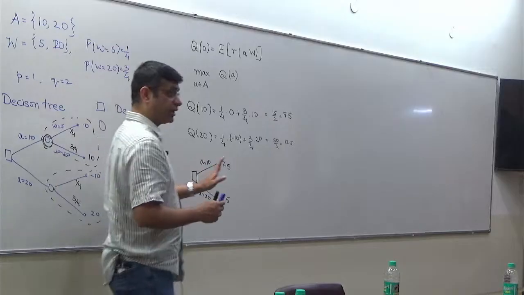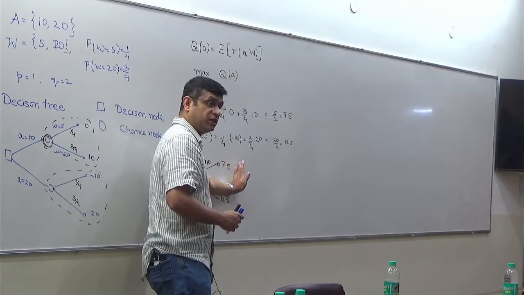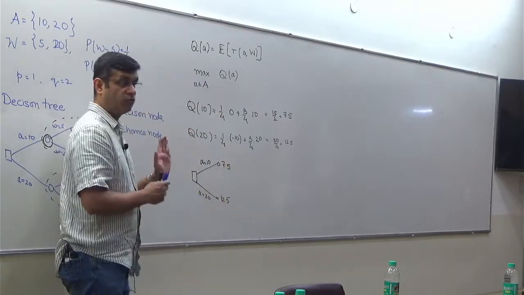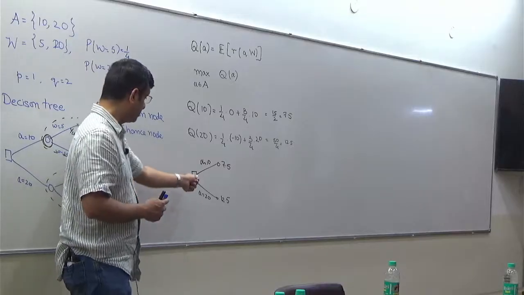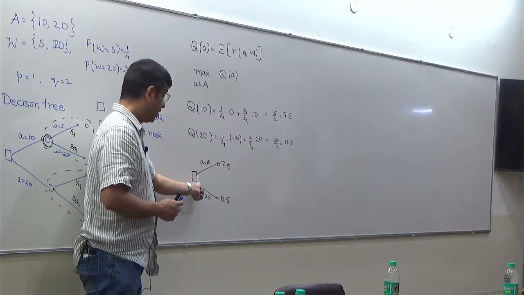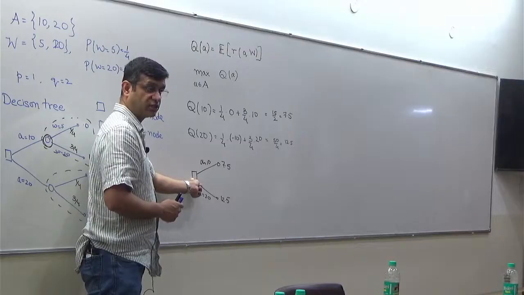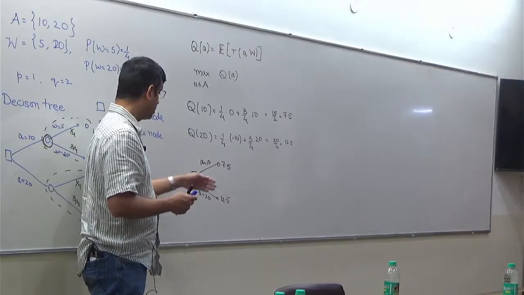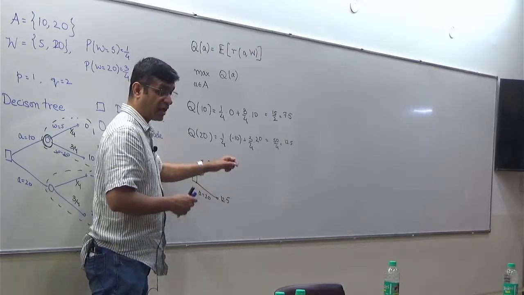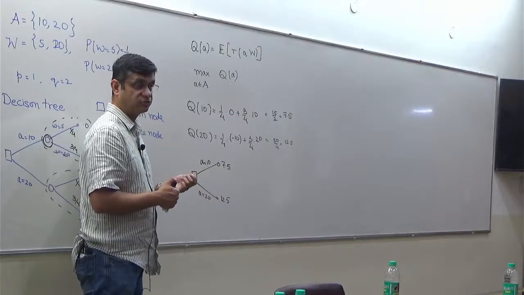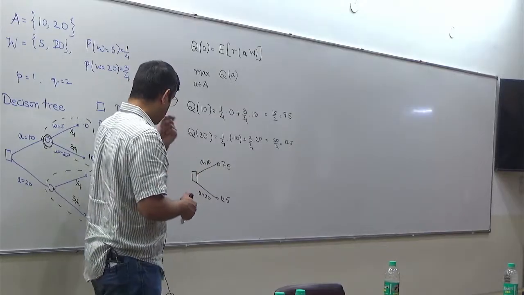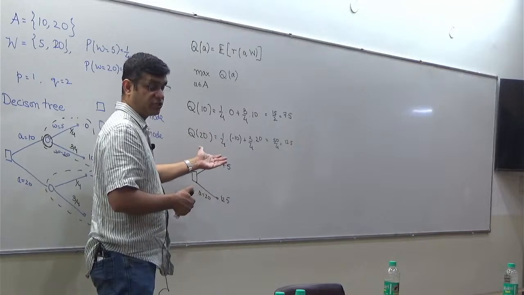Now I'm in the same setup. I'm going to start from the end of the tree and go one level up. The difference is the last but one node now is a decision node rather than a chance node. So at a decision node, I look at the alternatives and I have the option to pick the best alternative. Okay? So the best will depend on whether I'm doing maximization or minimization.